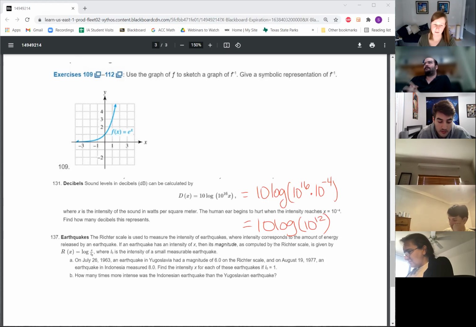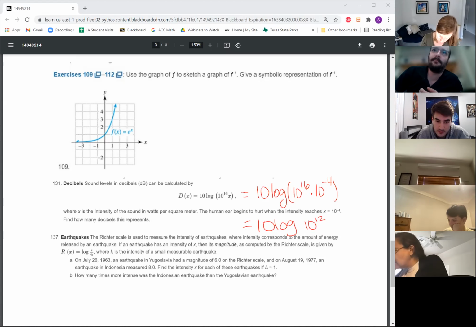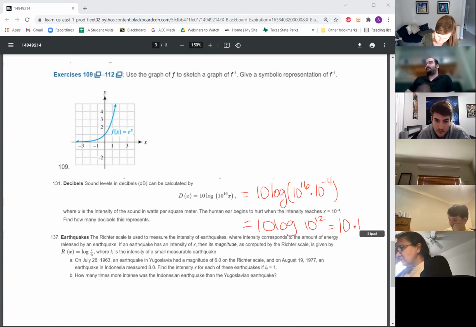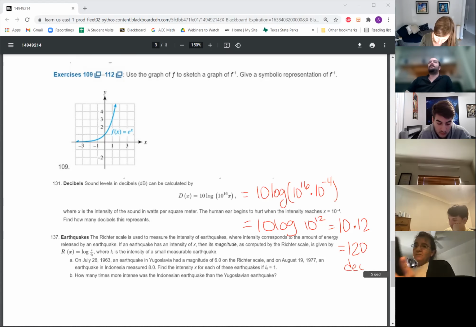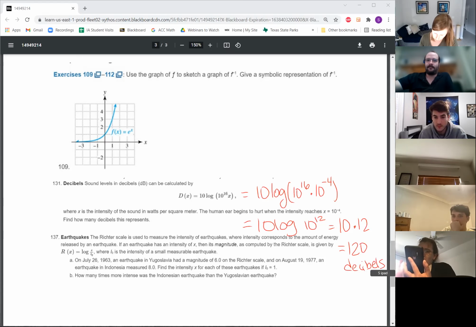Then the log of 10 to the 12th gave me 12, so I ended up with 10 times 12, which we did in the very first problem earlier. And that gave me 120 decibels. 120 decibels. Yep. Cool.